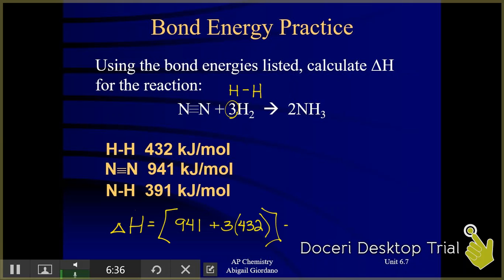Bonds broken minus bonds formed. Where do I find that? That's going to be on the product side. Let me say that again. Bonds formed are always on the product side. And guys, remember what ammonia's structure looks like.